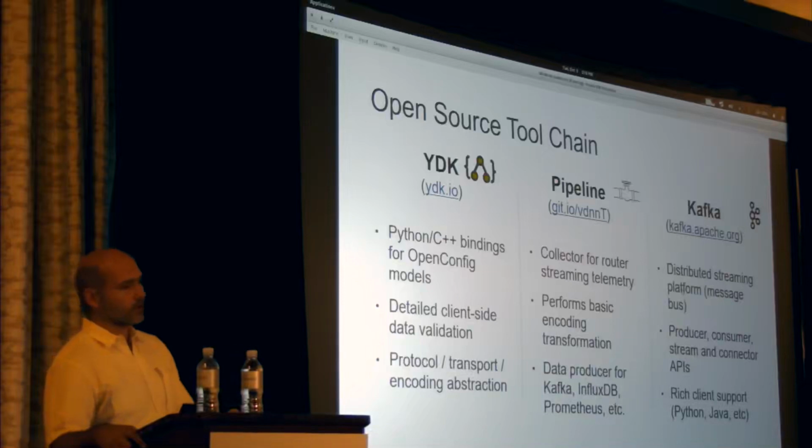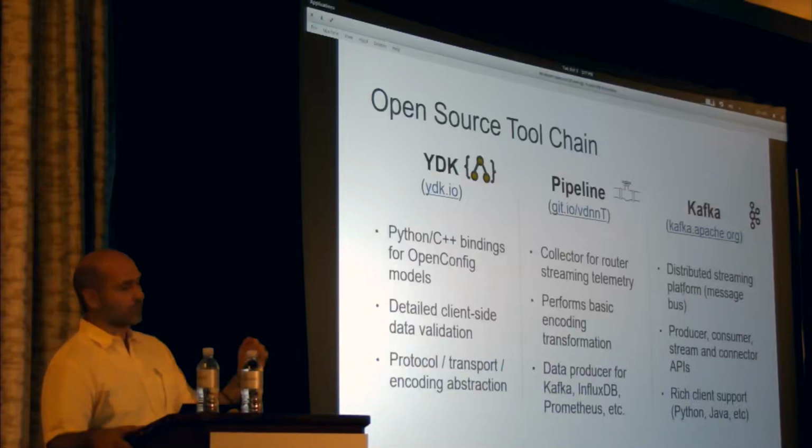The data is going to come to that collector in protocol buffer encoding, and it's going to transform it to JSON. This collector can act as a producer into other platforms. In this test bed, we're going to use Kafka, which is also another open source project, as a message bus.